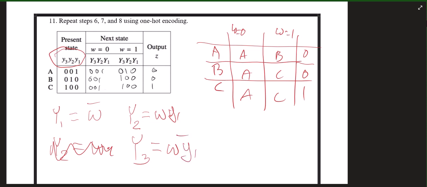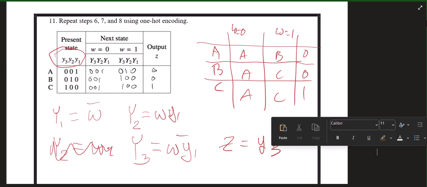So that'd be Y1 bar. And Z is the same as Y3. And you don't have to be able to do that. You can do Karnaugh maps. I just didn't want to spend more time with Karnaugh maps.